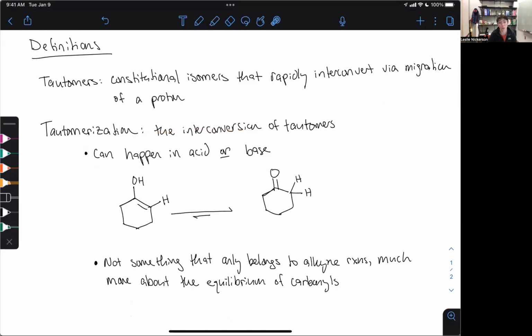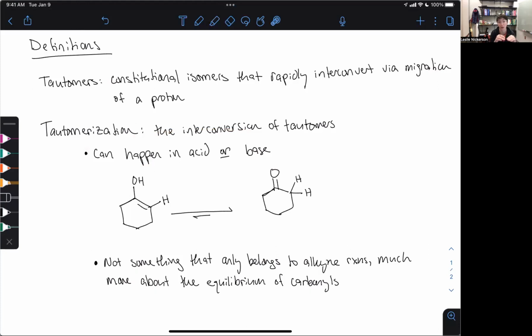When we were talking about the alkyne reactions, we were talking about two different reactions that had either acidic conditions or basic conditions. That had nothing to do with what the actual product was, because both of them were leading to an enol, and that enol was tautomerizing to its carbonyl tautomer. So the tautomerization can be acid or base.